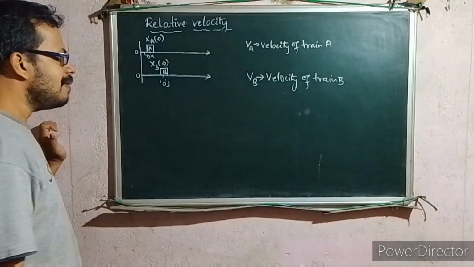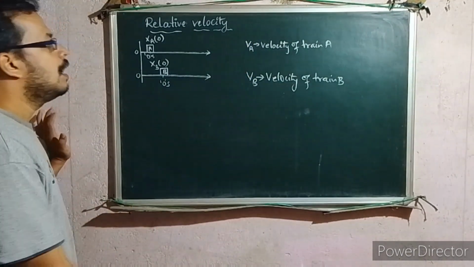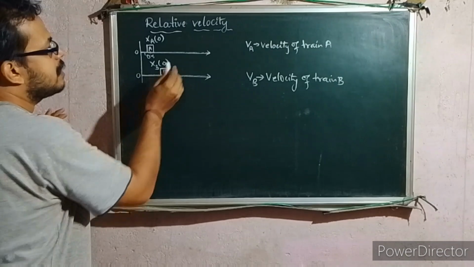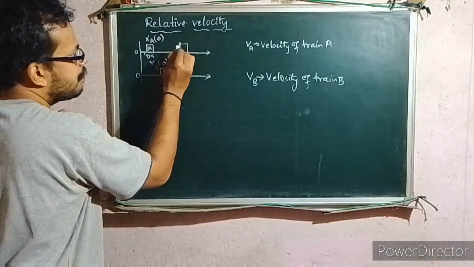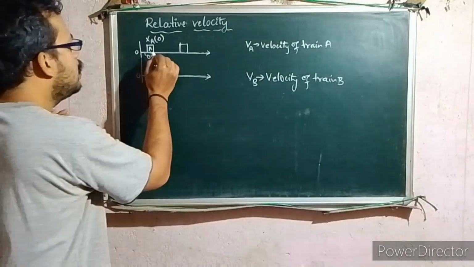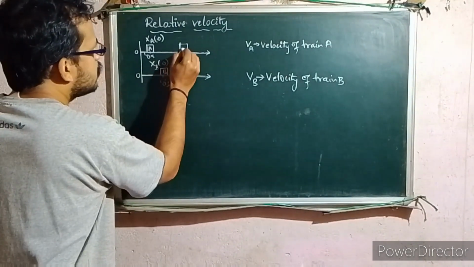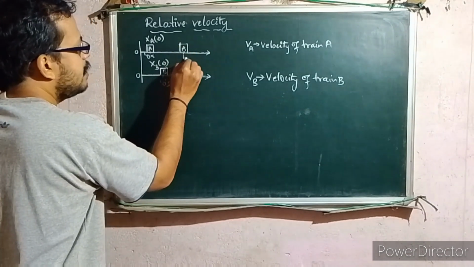Okay, they are moving with their respective velocities, and say after some time t, they reach their positions. Train A reaches after t seconds.